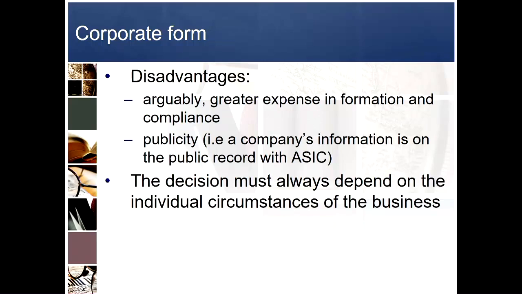So registered place of business, directorships, shareholders, those sorts of things are public. And then it depends on whether we're dealing with a private or a public company as to what other information. But that information is all publicly available.